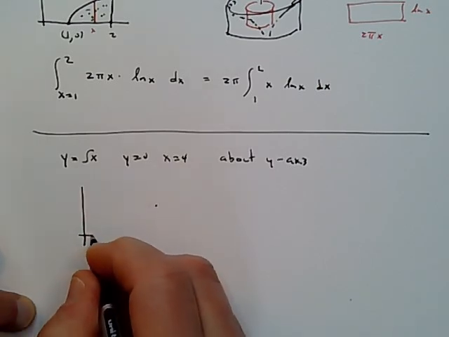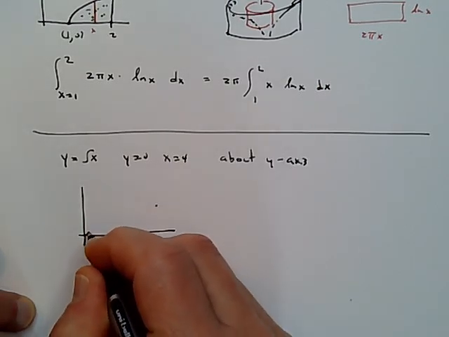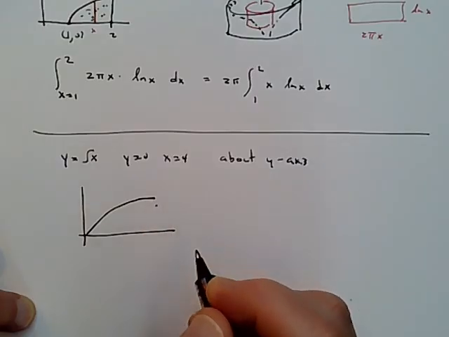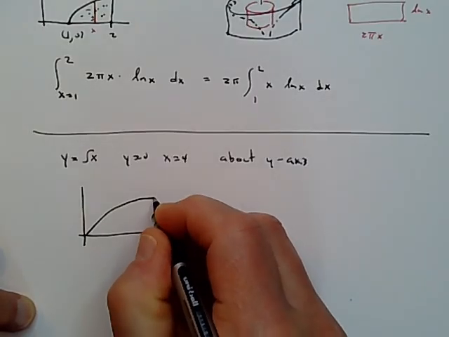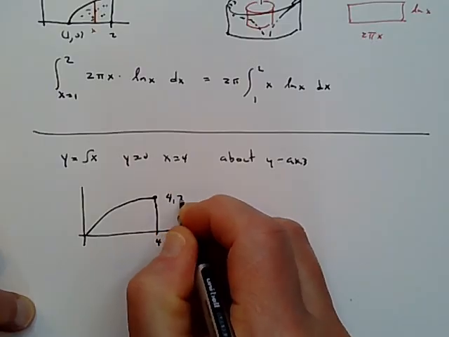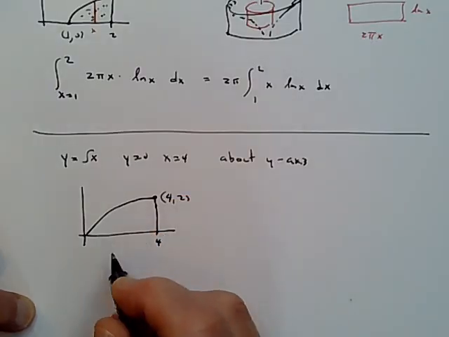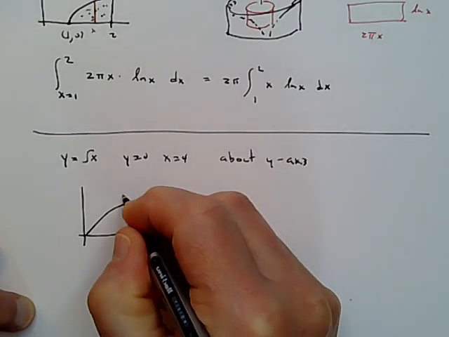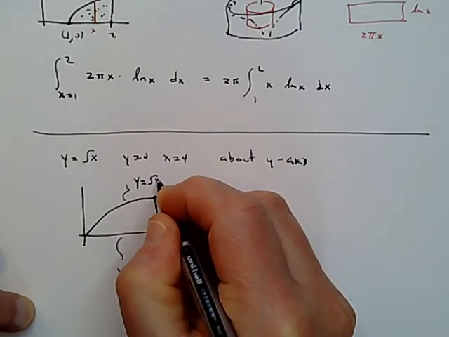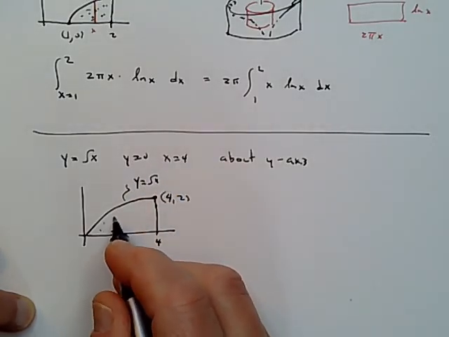See if we can get the region here. Square root of x looks like so. Familiar formula. X equals 4. So this, of course, is going to be the point 4, 2. Y equals 0 is the x-axis, and so I think we must be interested in this region here.